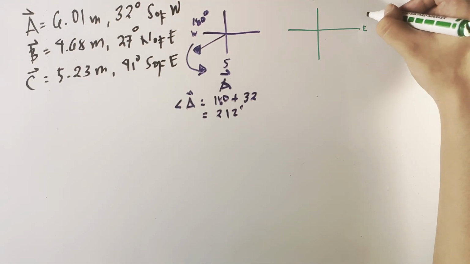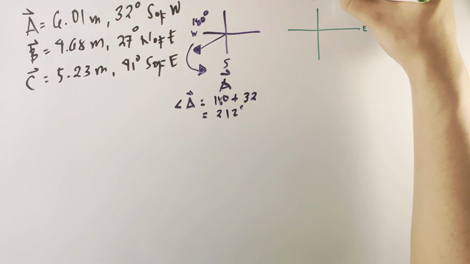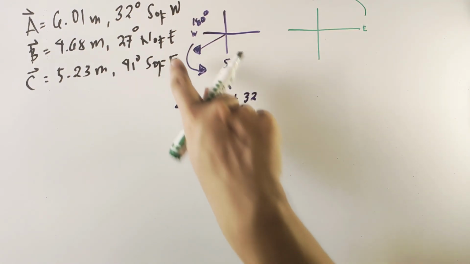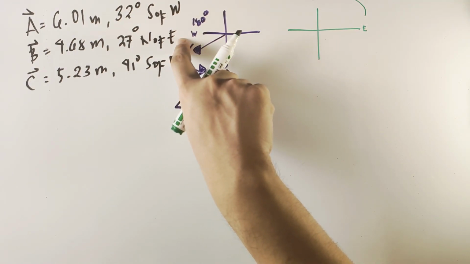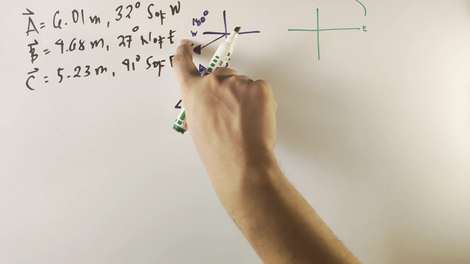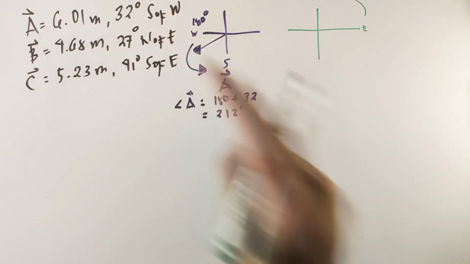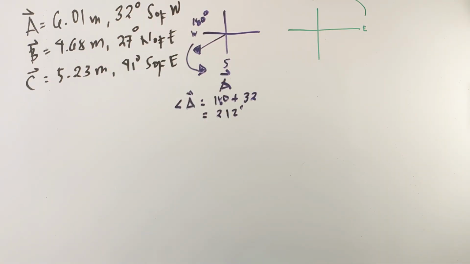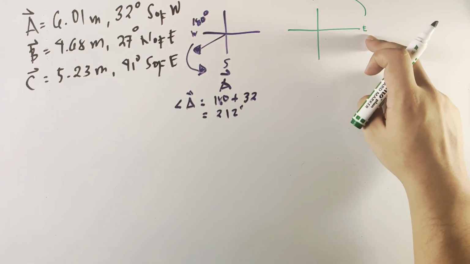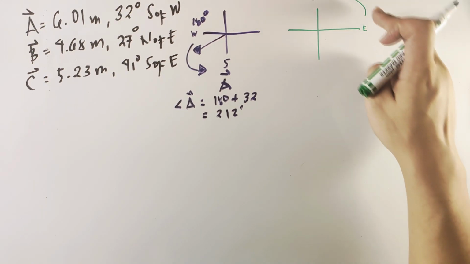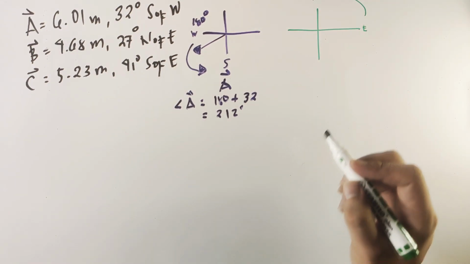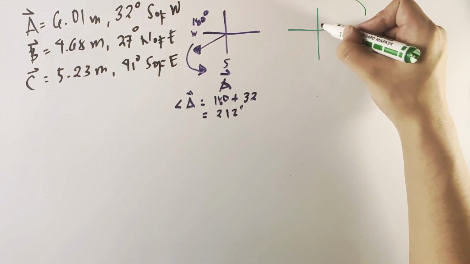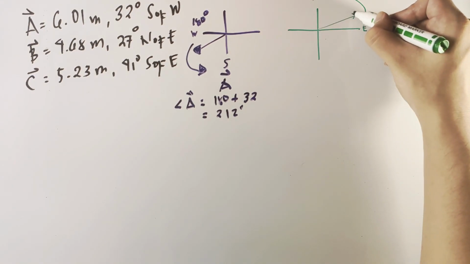Always remember you're going to start at the latter direction, then the turn of the angle is to the former direction. So in this case, coming from the east going to the north. So 27 degrees, again smaller, so somewhere here.